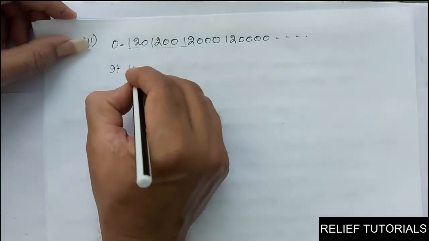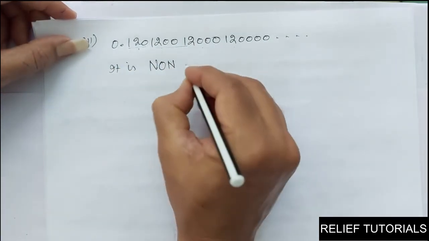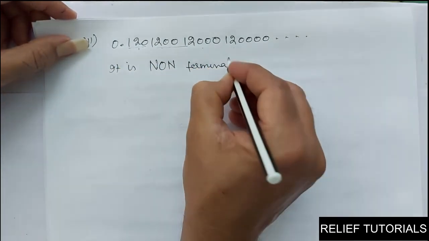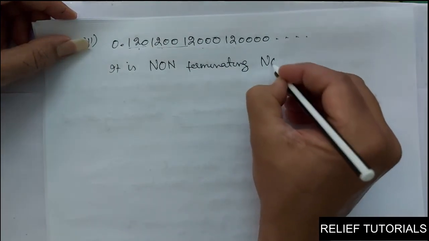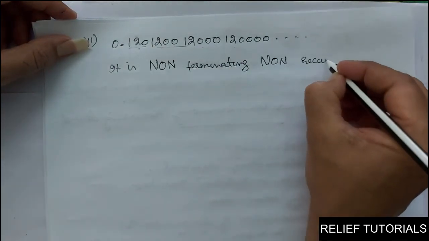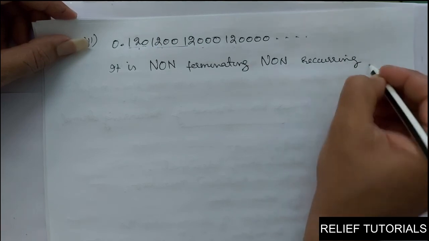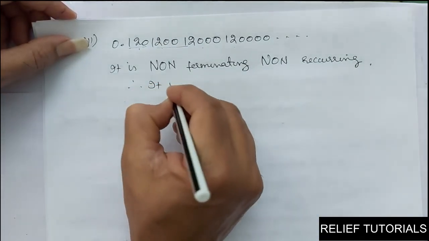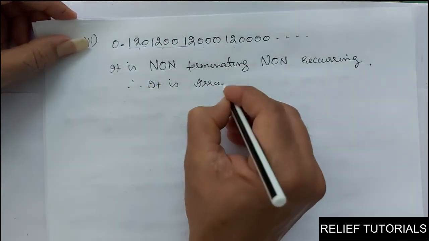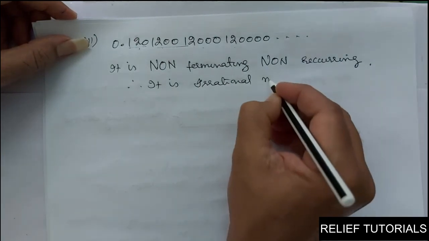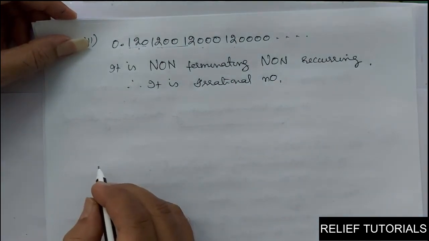So it is non-terminating, non-recurring. Therefore, it is an irrational number. Clear?